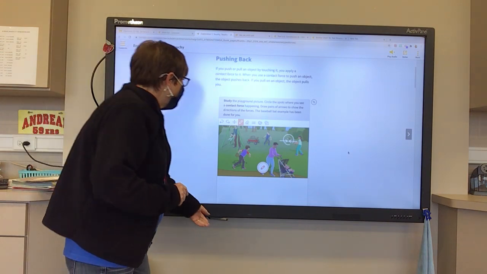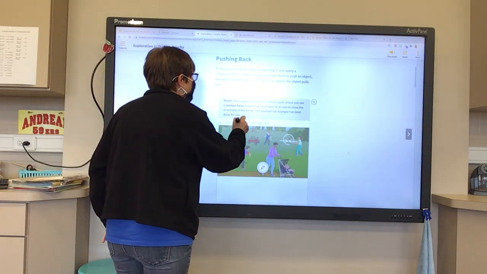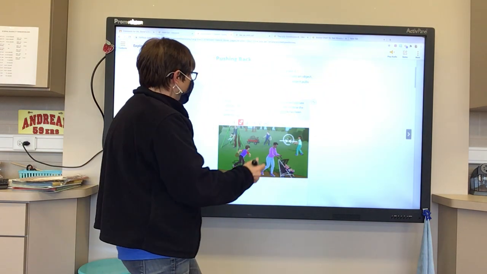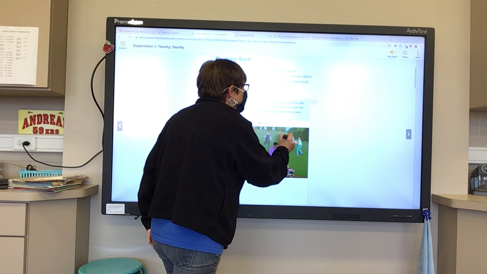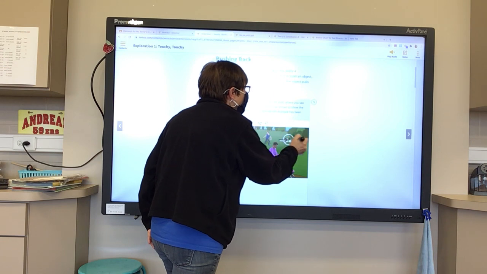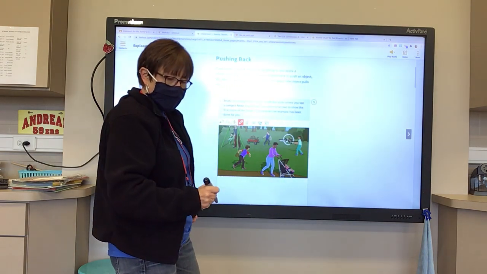The ball is going this way, and the bat is going to hit, making contact, going that way. Do you see how that's working?